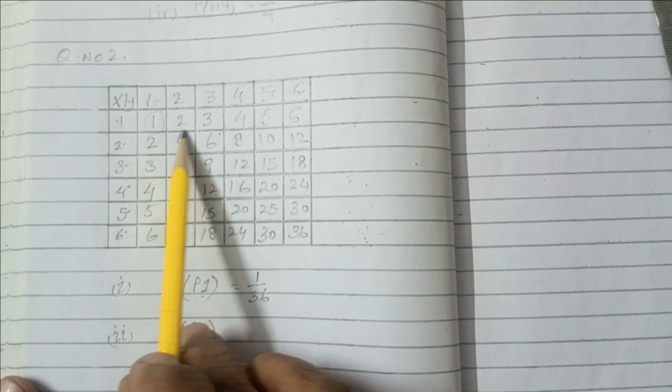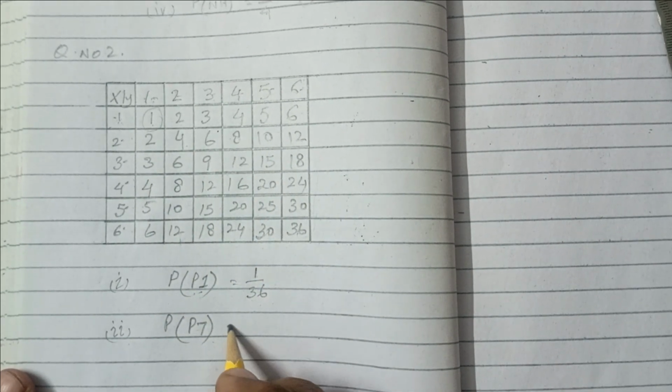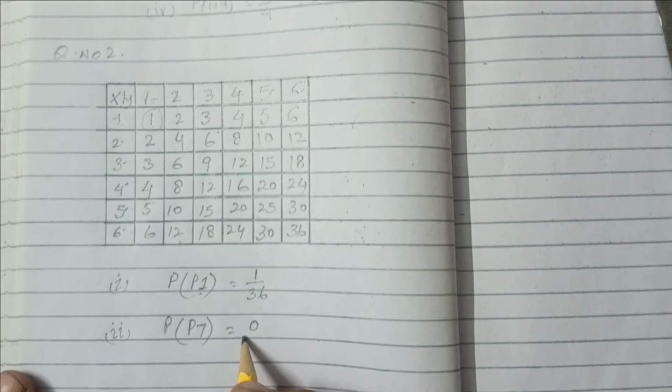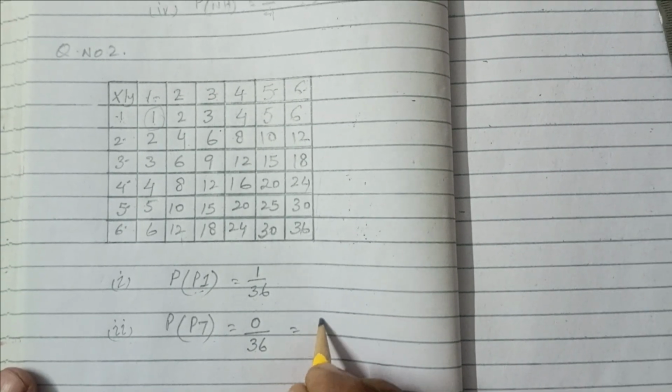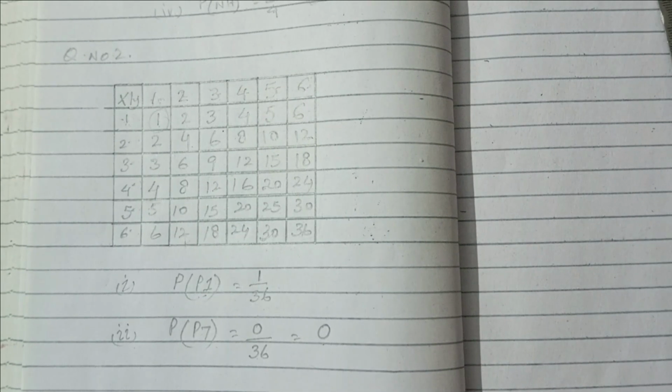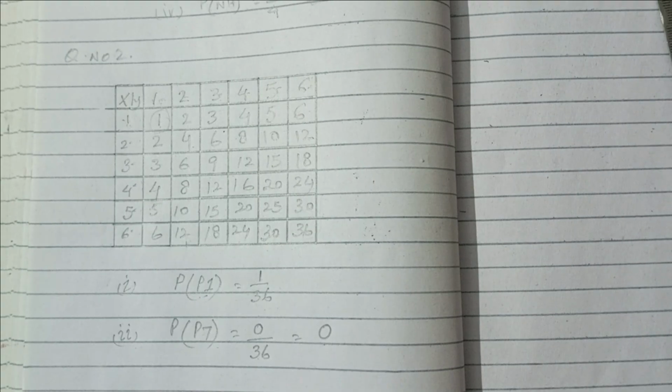You can also see that there is no 7 in the whole table. So the probability is 0 upon 36, and the outcome is 0. Now my dear students, let me proceed to question number 3.